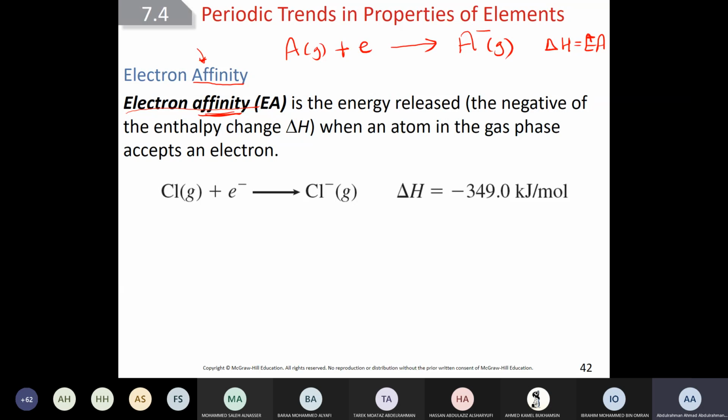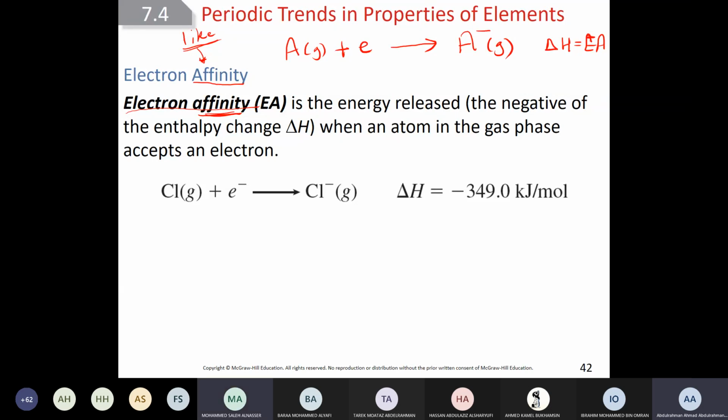What's the meaning of affinity? ميول. You like. The meaning of affinity is like. I can say in English, I have affinity for rice. يعني I like rice. Right?